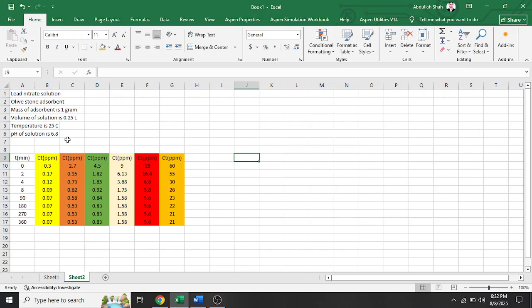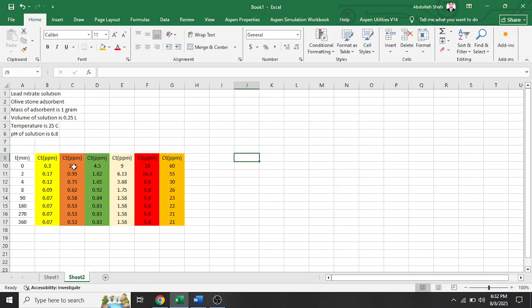So suppose first of all we make a 0.3 ppm solution. We will take 0.25 liter from that 0.3 ppm solution, and we will perform our experiment.